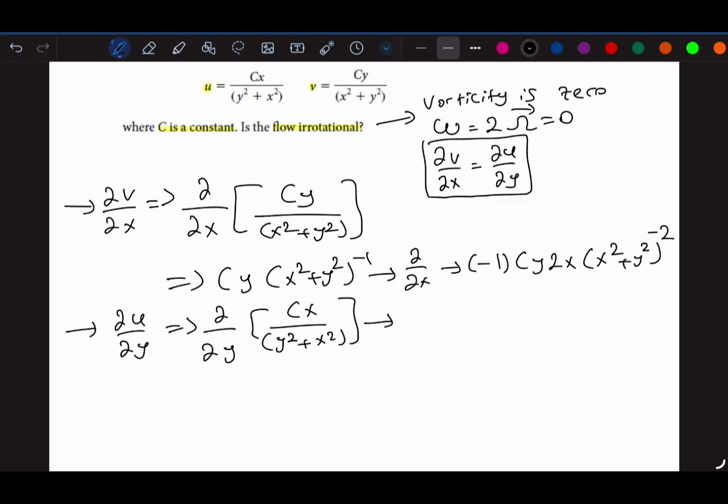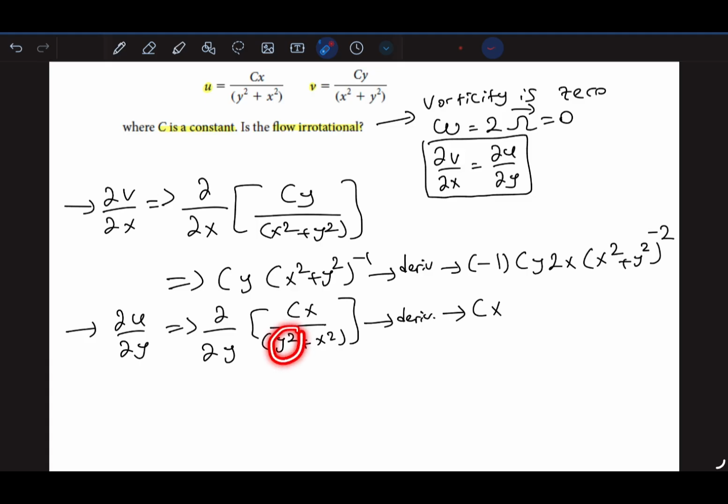Its derivative will be c x, because this has nothing to do with y.